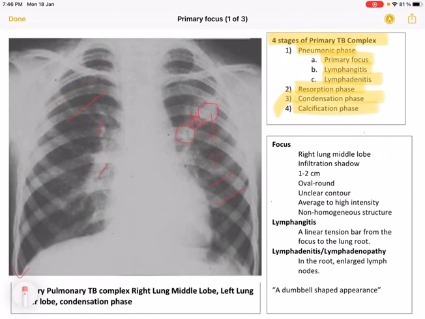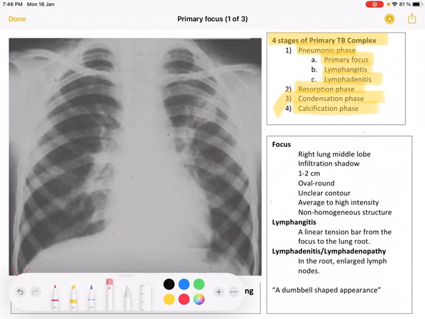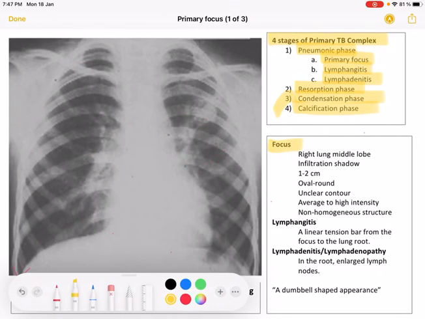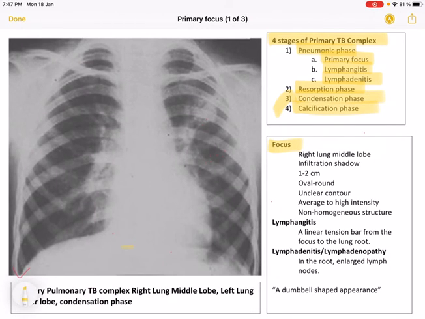Now we will go through the properties, and how we can explain the properties of this phase. Number one is the focus. If you talk about the focus, this is the focus, very small.